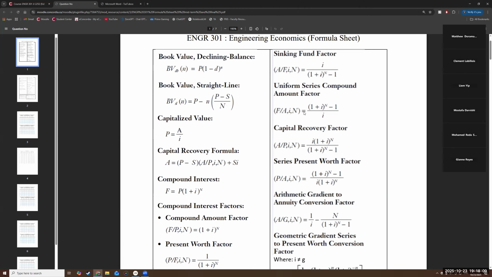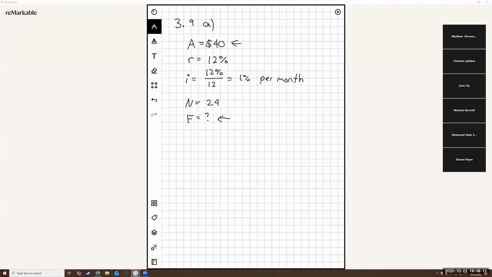This is our F slash A formula. So we will say that the F value we want is equal to $40 times F slash A at an interest rate of 1% and 24 periods.